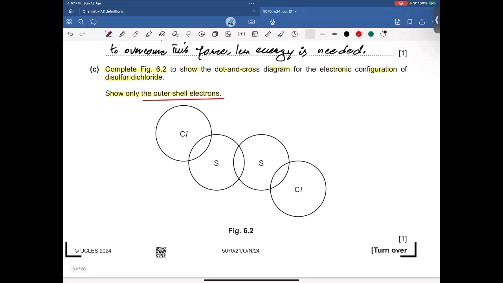Sulfur contains 6 valence electrons: 1, 2, 3, 4, 5, 6. Chlorine has 7 valence electrons: 1, 2, 3, 4, 5, 6, 7. This chlorine also has 7 valence electrons. Okay.